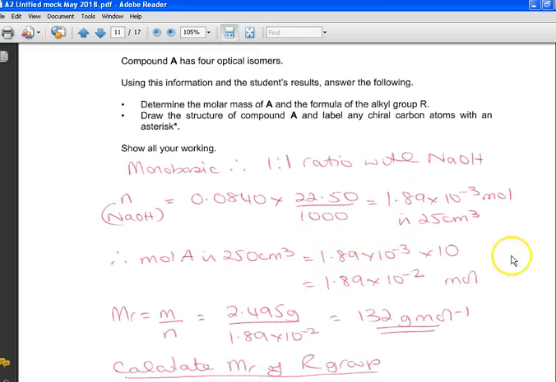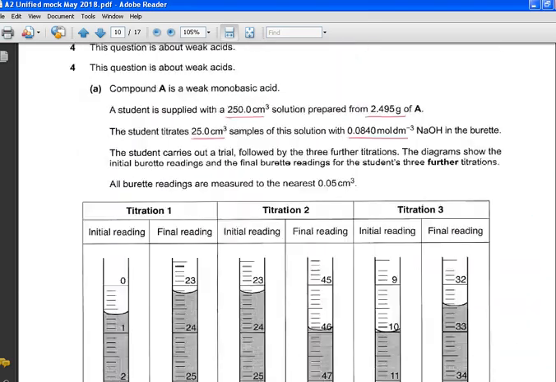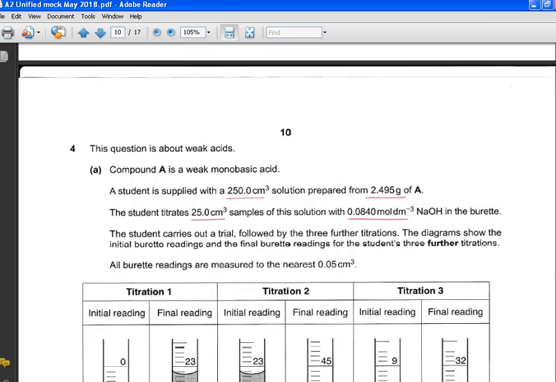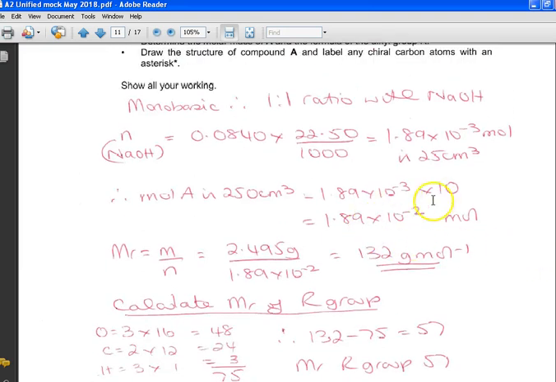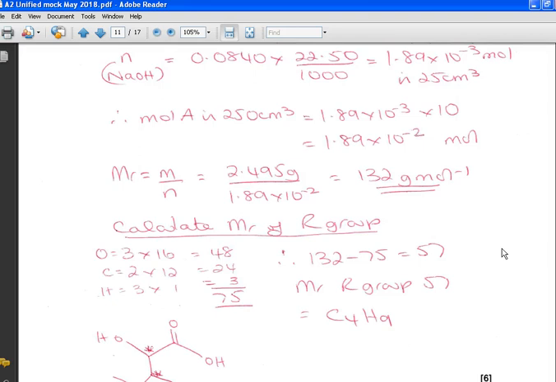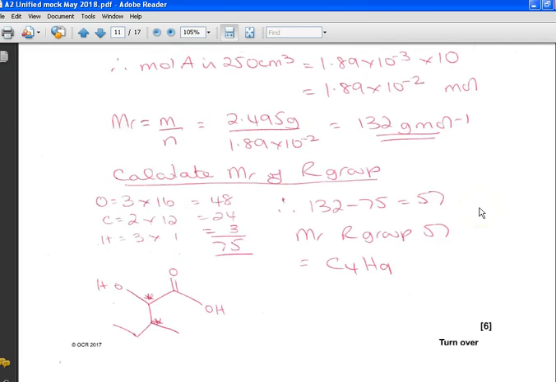We're told in the question that it was in 250 cubic centimetres, so we need to multiply that up by 10. We've actually got 1.89 times 10 to the minus 2 moles of compound A. We can work out the molar mass because we were told the original mass, and now we know the number of moles. It's 132 grams per mole.